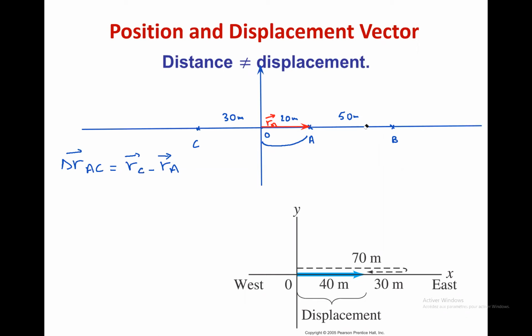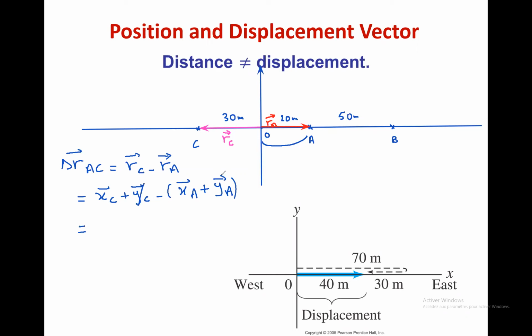Okay, here we can draw the position vector at the point C from the origin to the point. It's RC. Okay, so equal XC plus YC minus XA plus YA.